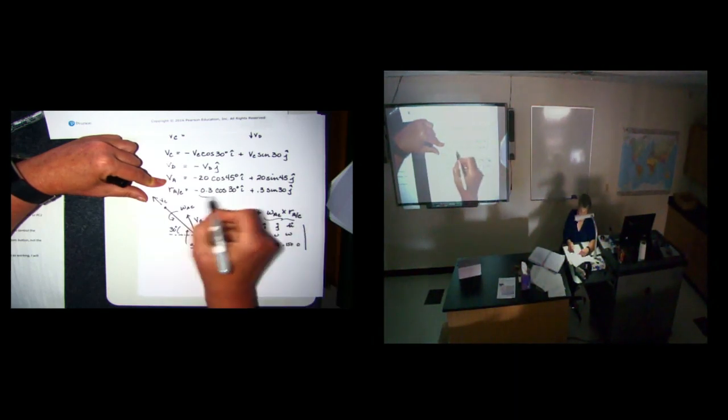Putting all my J's together, I'm going to get my 14.14 plus my negative 0.2598 omega is going to give me a positive VC sine 30 degrees. This is the I direction, this is the J direction.